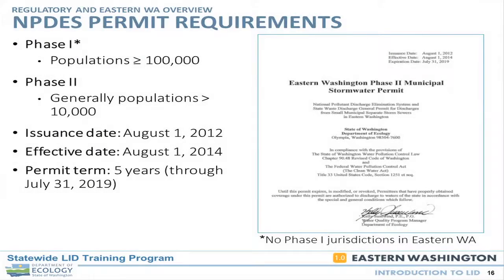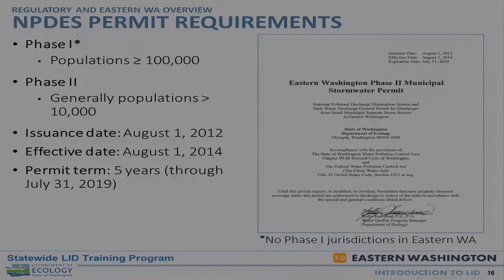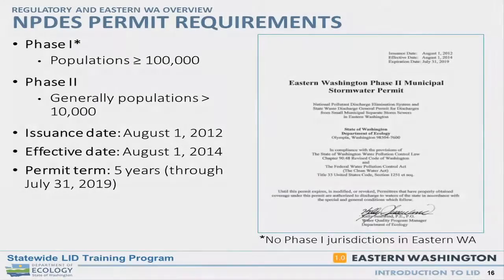So as part of the permit, there are Phase 1 permittees and there are Phase 2 permittees. And what that means is if you're a Phase 1 jurisdiction and you have a Phase 1 permit, it means that it's basically based on size. So for populations greater than or equal to 100,000 people, you are part of a Phase 1 permit. For populations greater than 10,000 people, you're considered a Phase 2 permittee.